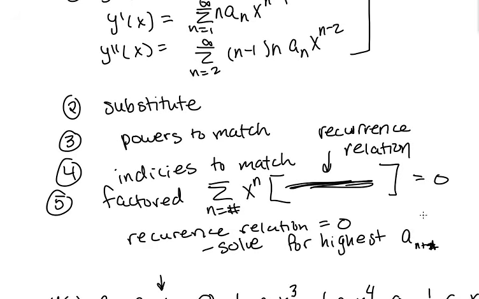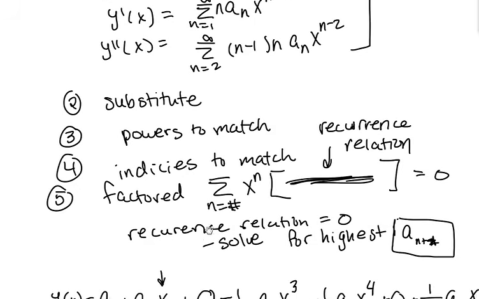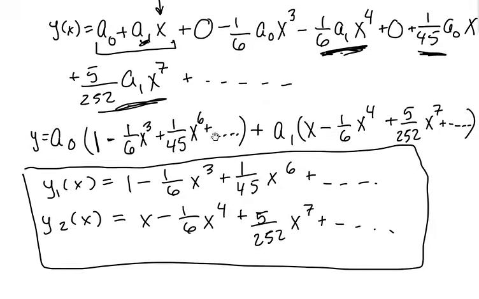So in our case, when I looked from before, we solved for a sub n plus 2. And then you just observe the pattern, you substitute, you factor, and you get this as your answer.